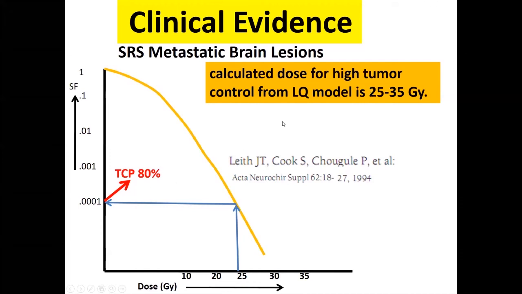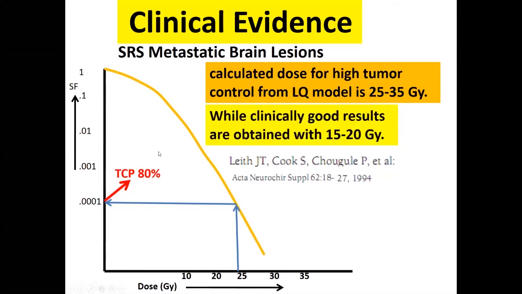But when the treatment was actually carried out, they observed that a similar tumor control probability was observed at a much lesser dose, that is 15 to 20 gray. So which means, again, if you concentrate here, that if you give 20 gray, it should reduce the survival fraction to this point, translating into a TCP of 80%, which means that this cell survival curve should pass through this point, which means it should be much steeper.